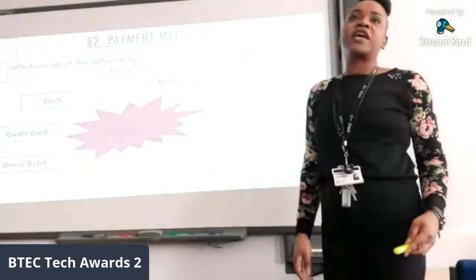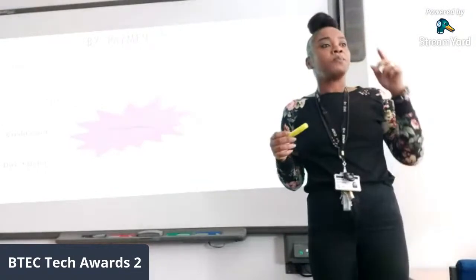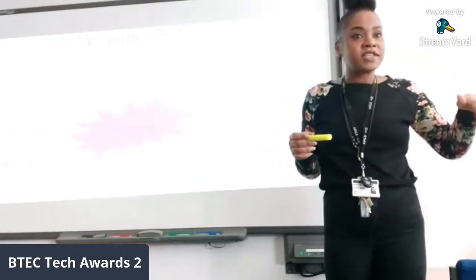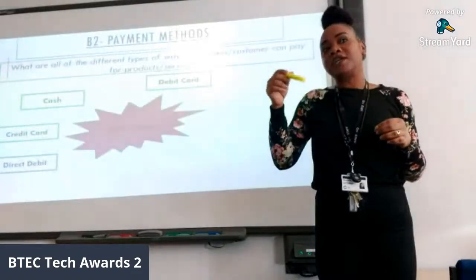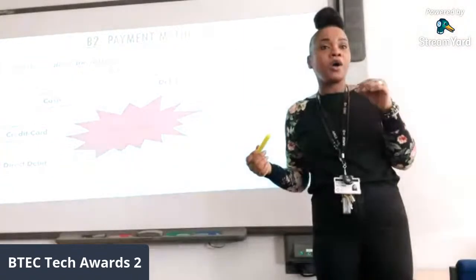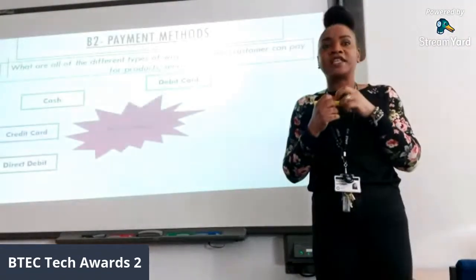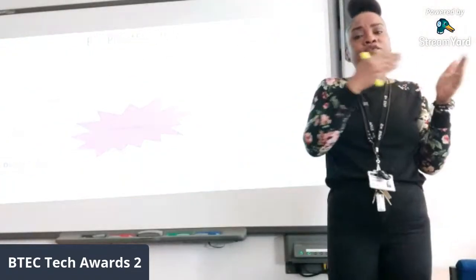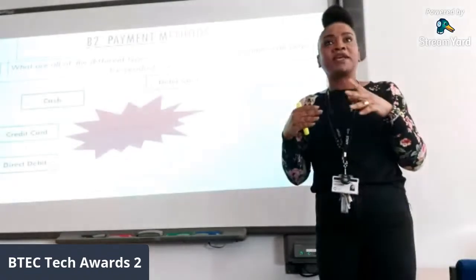Direct debit is a payment that you set up with an organization or a business for them to take a particular sum of money from your account. It's an agreement that they take some money straight from your account, maybe on a monthly or weekly basis.